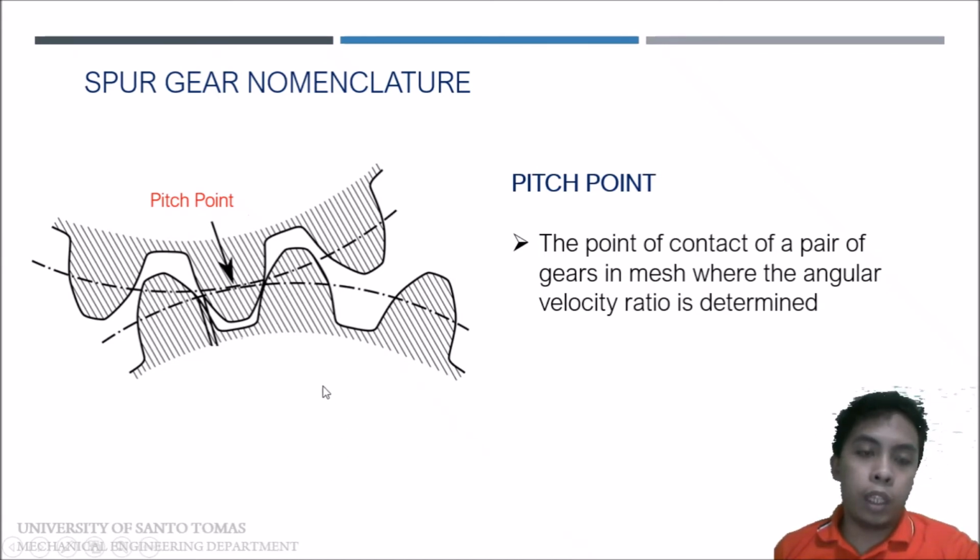So ang representation natin sa kanya is in terms of a wheel. So the diameter of the wheel is dependent on the diameter of the pitch circle. So yung point of contact niya kapag nag-draw ka ng imaginary circle, that is called the pitch point.